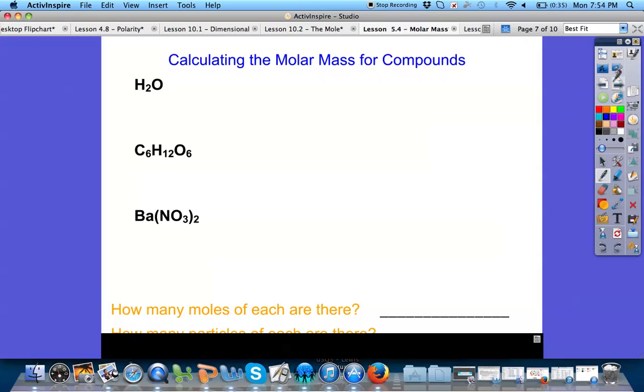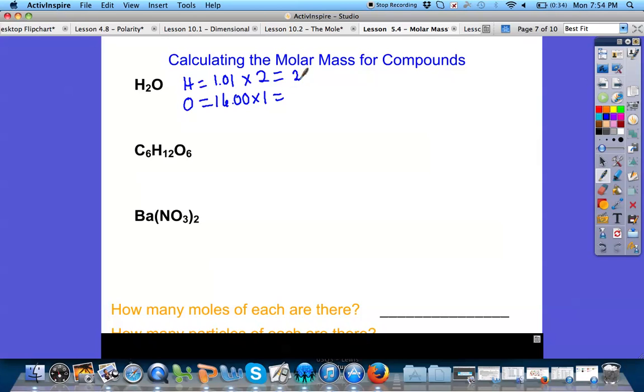Okay, so let's take a look at water. The first thing that we need to do is look up the average atomic mass for each element. Well, hydrogen is 1.01 and oxygen is 16. We have 2 hydrogen and 1 oxygen.